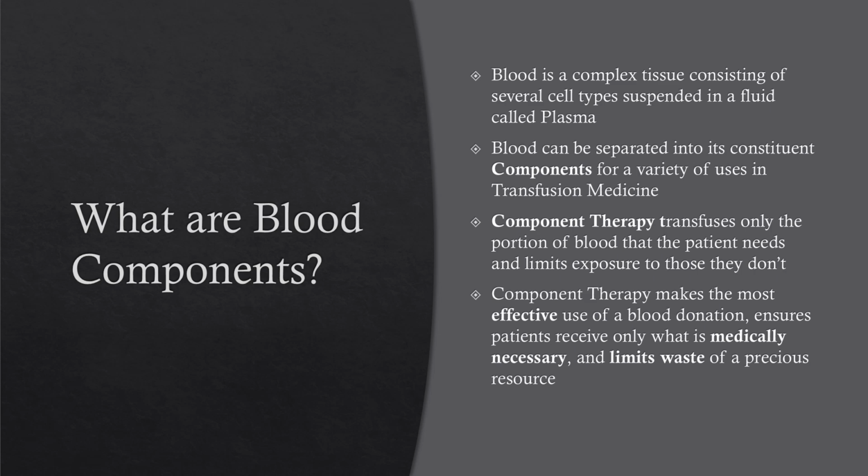Component therapy allows us to specifically target and specifically treat what a patient has going on without all of the extra parts of blood that are not needed. It makes the best use of a single blood donation, and of course it keeps you from wasting the other parts of the blood that the patient doesn't need. They can go to another patient. That's the heart and the philosophy of component therapy.